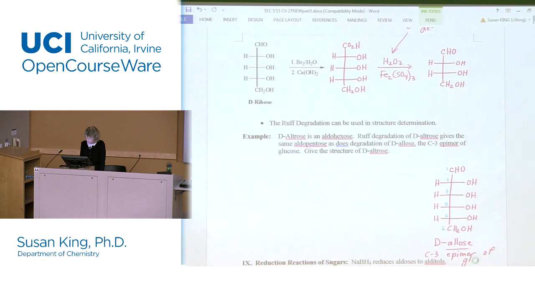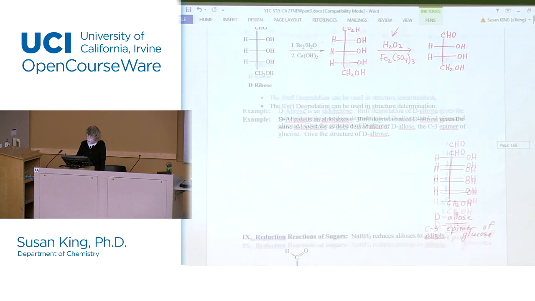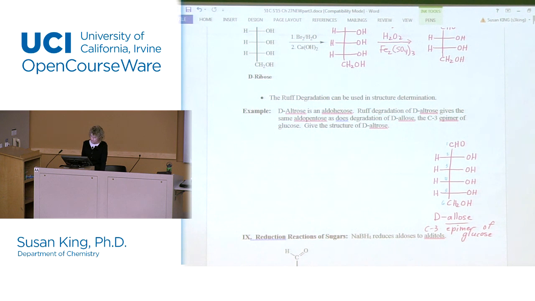So at a minimum, you need to memorize glucose, otherwise you're not going to be able to solve any of these types of problems. And what it says is that D-altrose is an aldohexose that gives the same aldopentose as does degradation of D-allose, the C3 epimer of glucose. So let's do a Ruff degradation of this one here and see what we get.